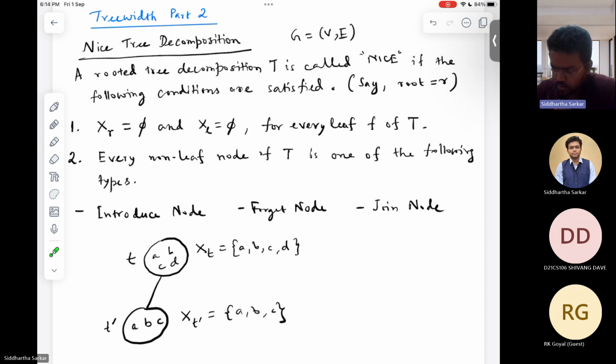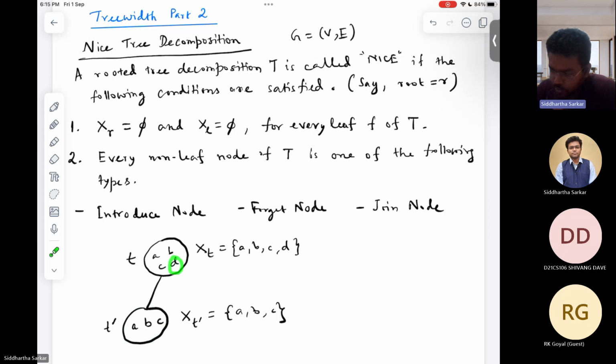So one vertex D is introduced in the parent T. There was only one child T dash of T, and T has a vertex other than the vertices of its child.